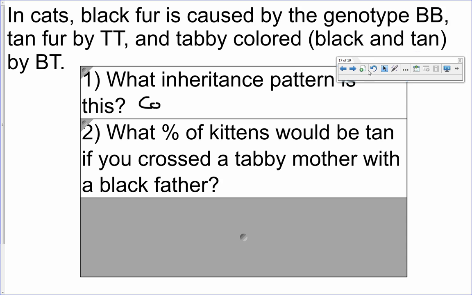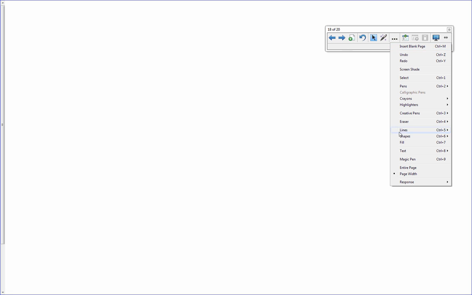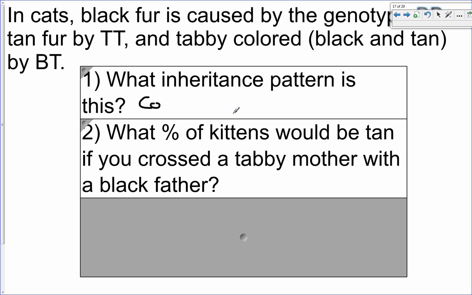Well, in order for mom to be tabby, she has to be big B, big T. A black father has to be big B, big B. So if we do the Punnett square, we're going to get big B, big B, big B, big B, big B, big T, big B, big T. Now the genotype and phenotype ratios we should be good at by now, but big B, big B is going to be 50%. Big B, big T is going to be 50%.